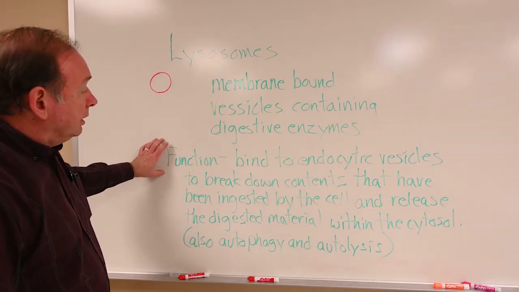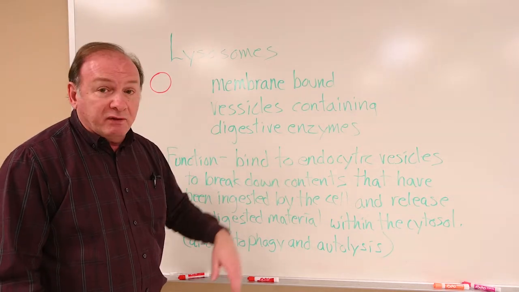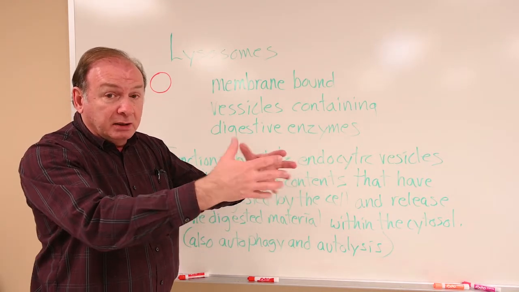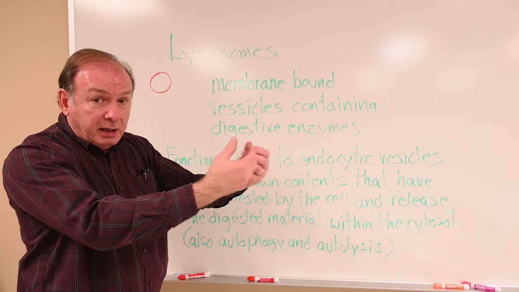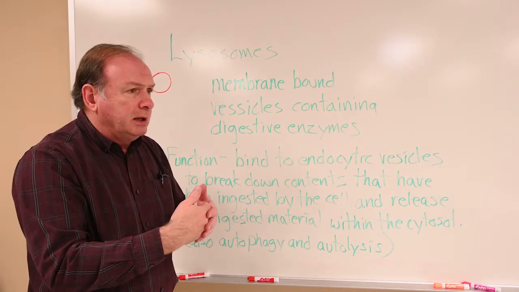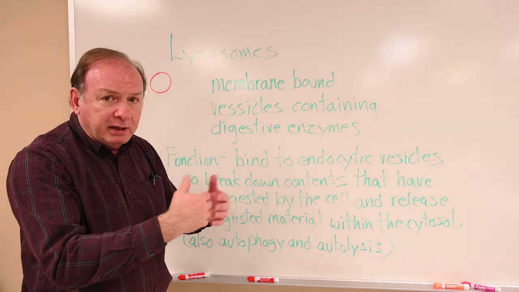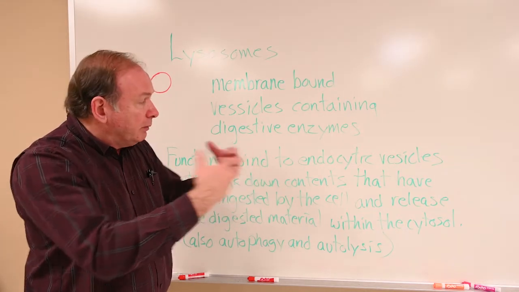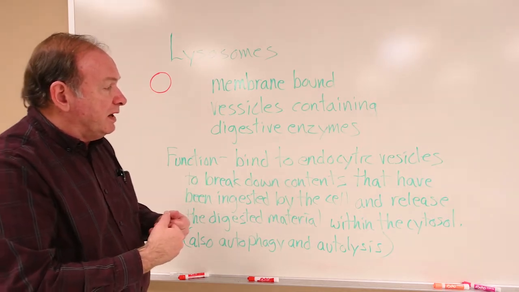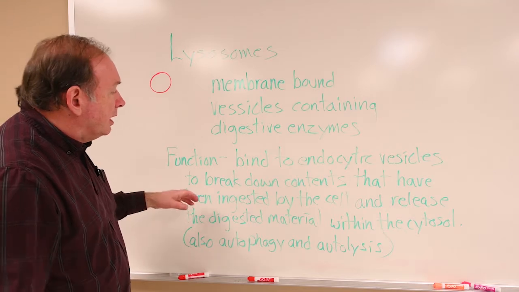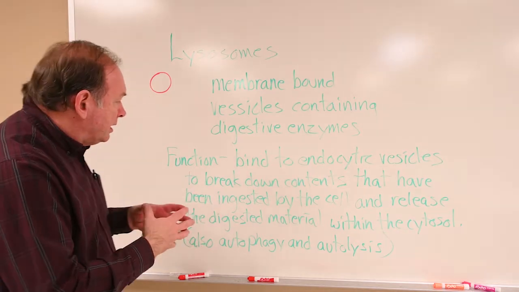Its function: to bind to endocytic vesicle. An endocytic vesicle is a vesicle that comes from the outside, from the outer membrane, and is moved into the cell. This is usually like a kind of cell feeding kind of thing, or if a white blood cell ingests a bacterium, we would see an endocytic vesicle form, so bringing material into the cell through the membrane, wrapped in a membrane vesicle.